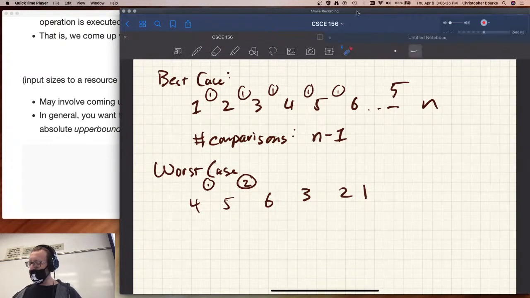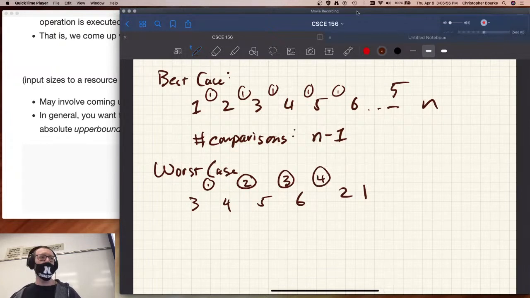We'll do one more here. 3 goes before 6, goes before 5, goes before 4. I counted 3 comparisons there to get 3, 4, 5, and 6. Now, simply predict. What about 2? That's going to be 4 comparisons. 1, 5 comparisons.